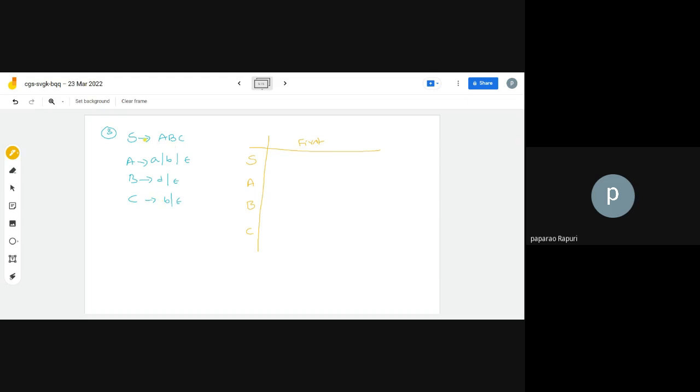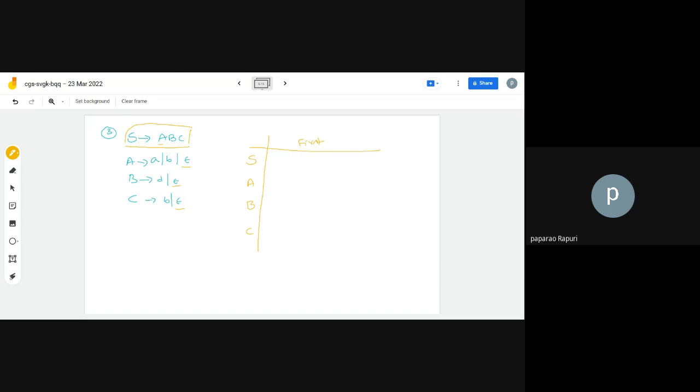So here it is also the fourth rule format, because A, B, C are there. More than one non-terminal is there, or consecutive non-terminals are there, and A is producing epsilon, B is producing epsilon, and C is also producing epsilon.